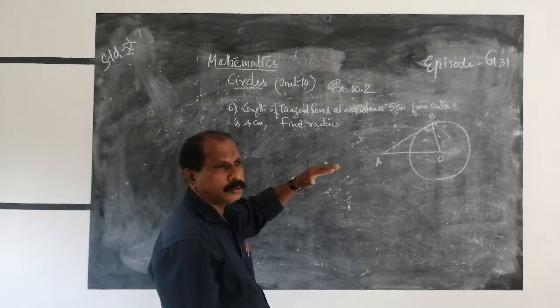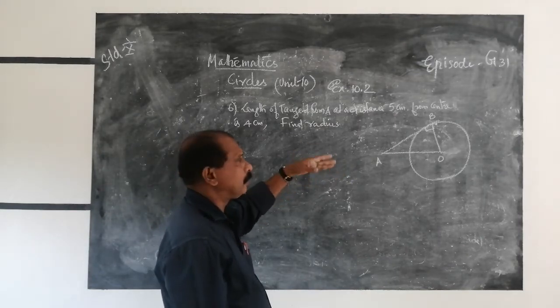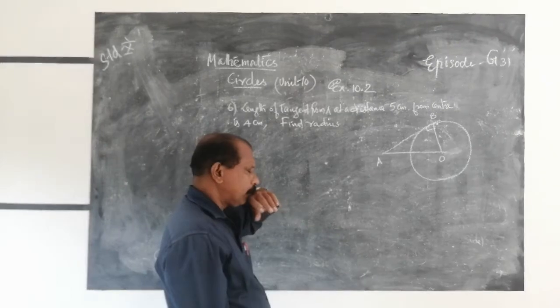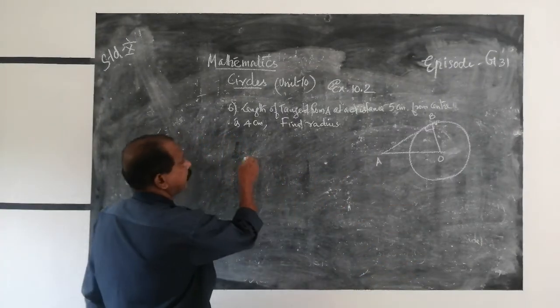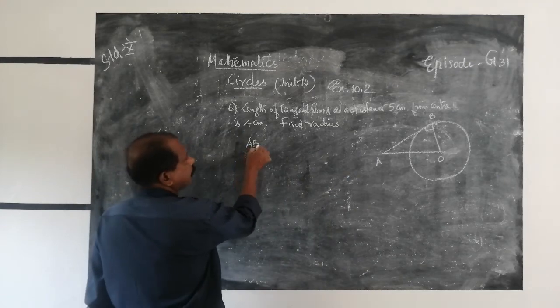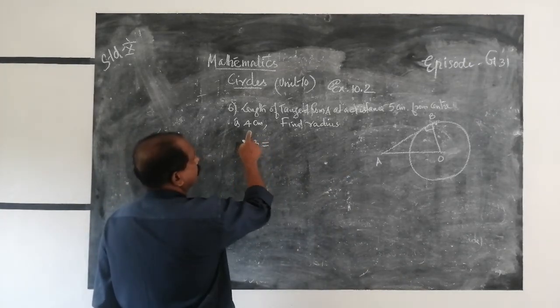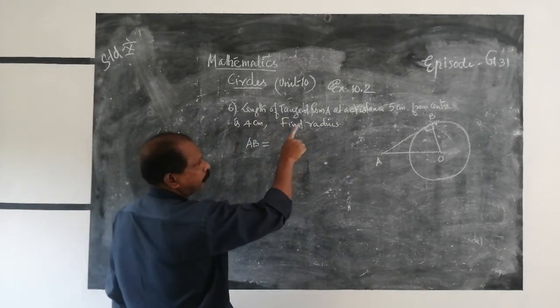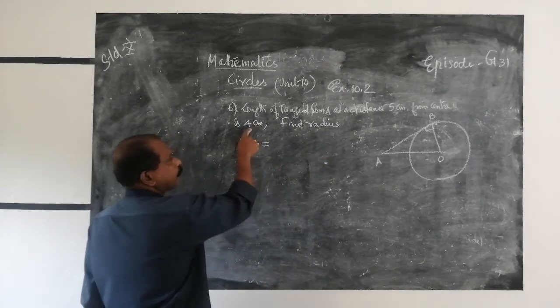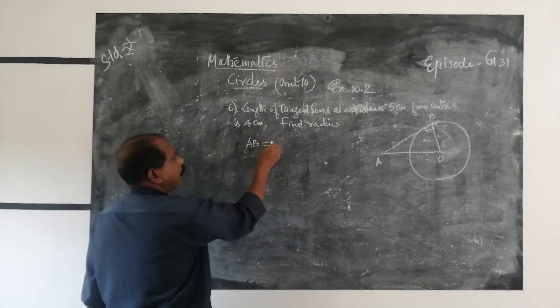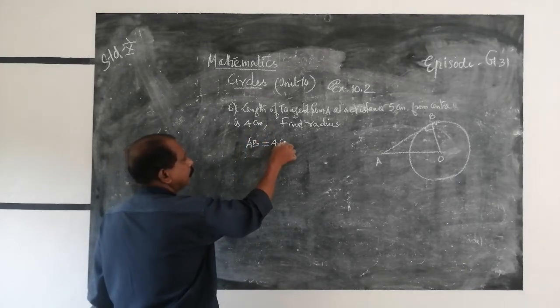Therefore, using the Pythagoras relation, AB is equal to what? The length of the tangent from a point at a distance 5 centimeters from the center is 4. Therefore, AB is equal to 4 centimeters.